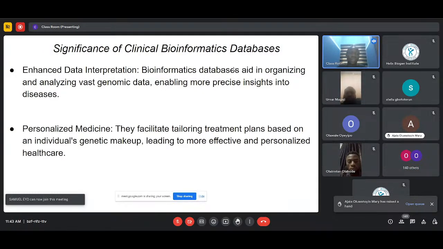We can also practice personalized medicine: we can tailor information from these databases to provide treatment for a particular patient, making inferences from what has been reported about this disease condition.